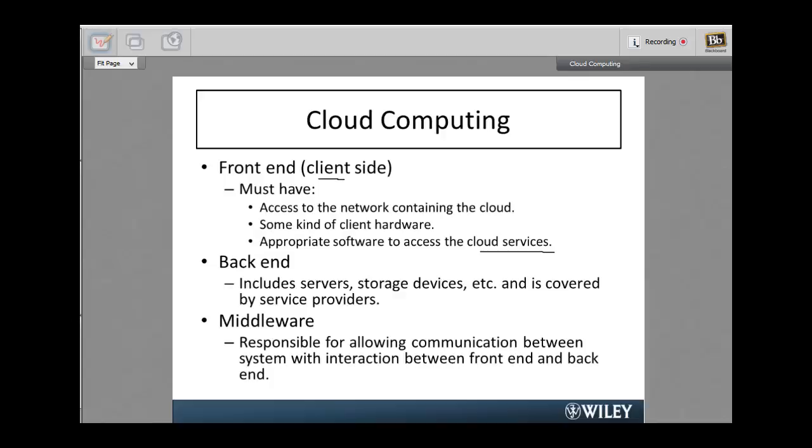You just need to have the front end, which is the machines only, that will let you get into the cloud. There is also the middleware, which is responsible for allowing communication and interaction between the front and back end.